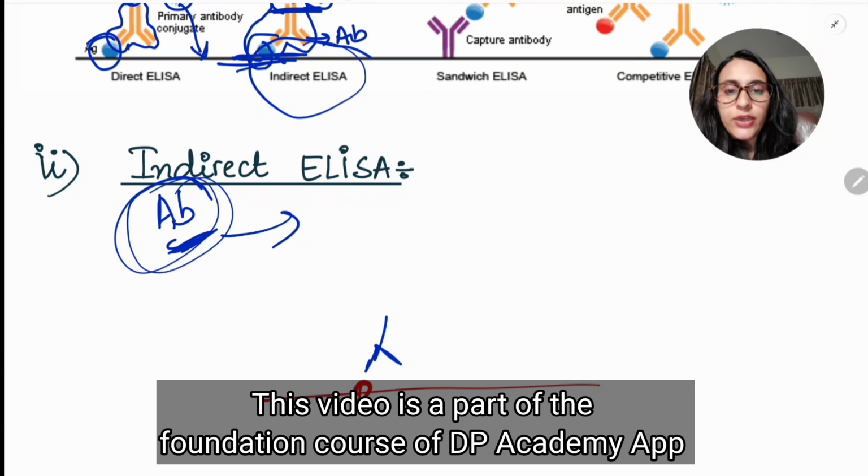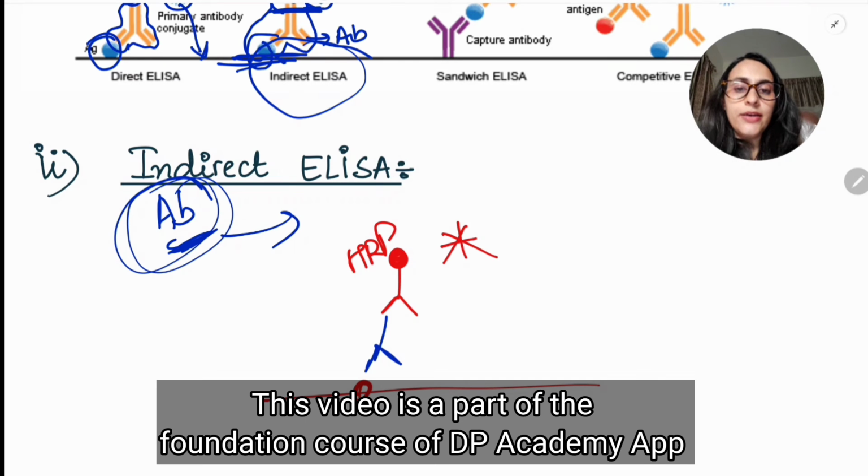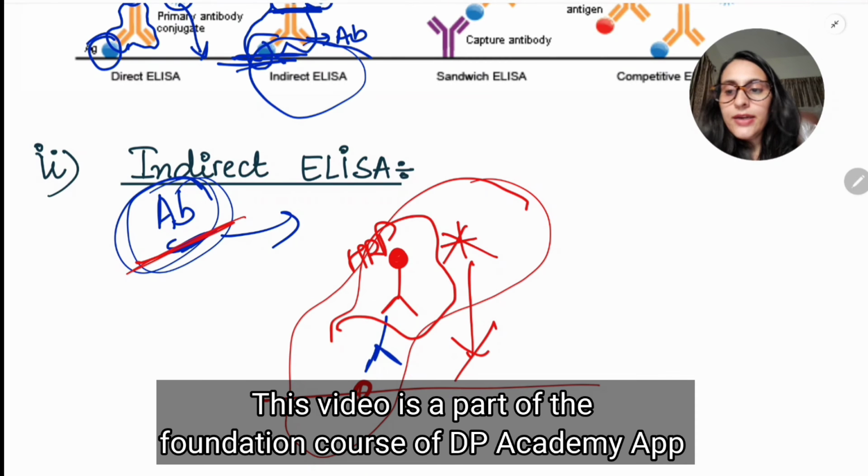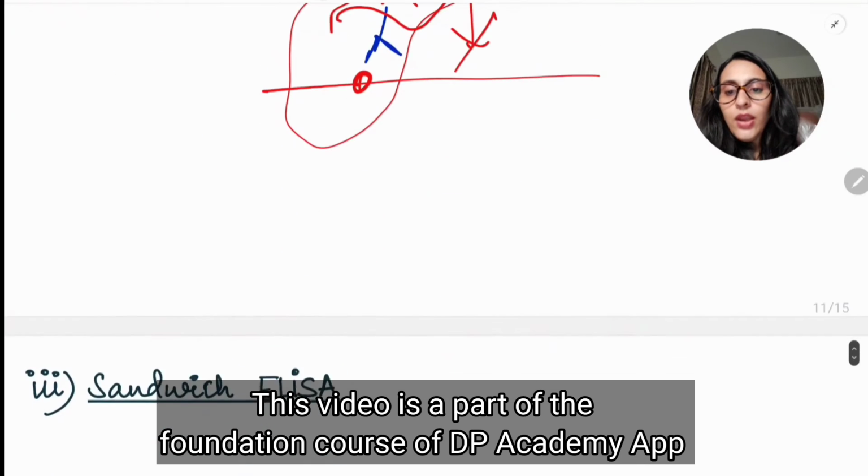From the patient, we have taken antibody. To this, a secondary antibody is added, and the secondary antibody contains HRP, the enzyme, and then substrate is added. When the antigen-antibody reacts, it is going to show the change in the color. So this is indirect ELISA. Basically in indirect ELISA, first of all, we do the antibody detection. Another thing is we take a secondary antibody. This is the difference.